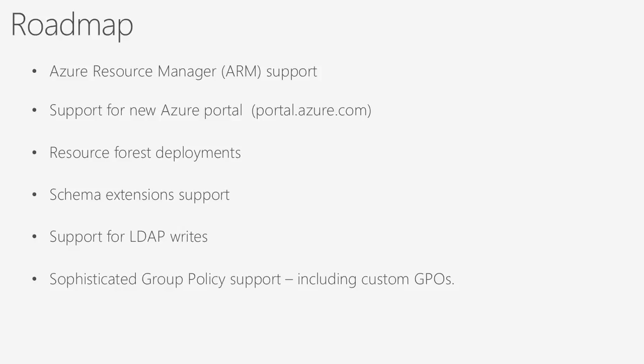Resource forest deployments is another one we talked about, where the ability to establish trust is really going to help you out in some scenarios. Schema extensions, another one, especially custom schema extensions. And the LDAP rights and the ability to customize GPOs. Notwithstanding the constraint I mentioned about the need for Microsoft to be able to maintain the integrity of the overall service.